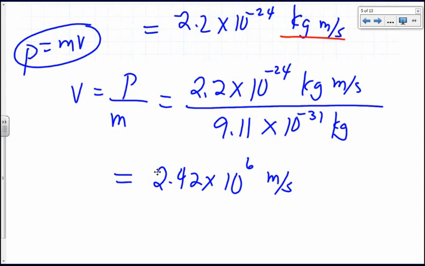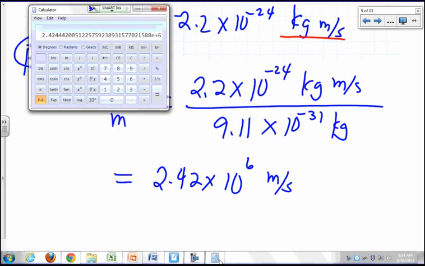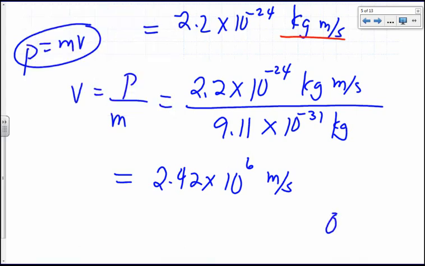Do we need to do a relativistic correction here? What is that compared to the speed of light? Divide by 3 times 10 to the 8 meters per second. That's 0.008, so it's about 0.8% of the speed of light.